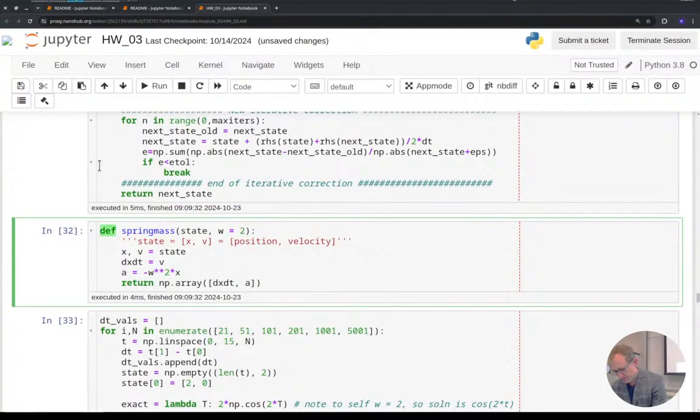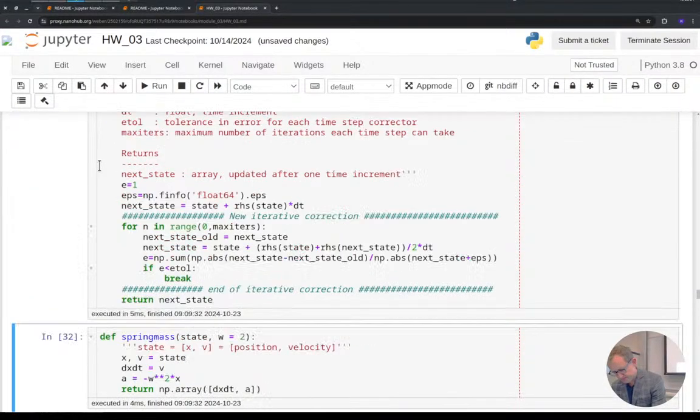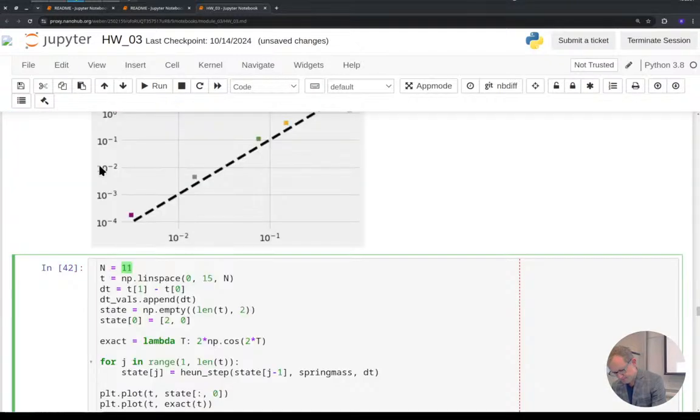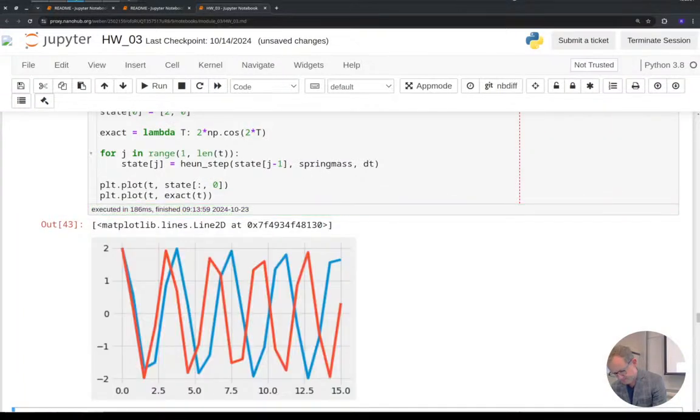Oh, too big. Visually, if I use 21 time steps from 0 to 15 seconds, it just looks wrong.